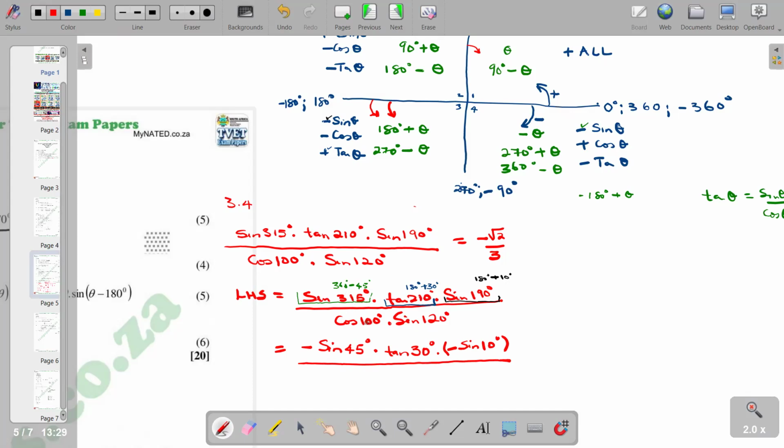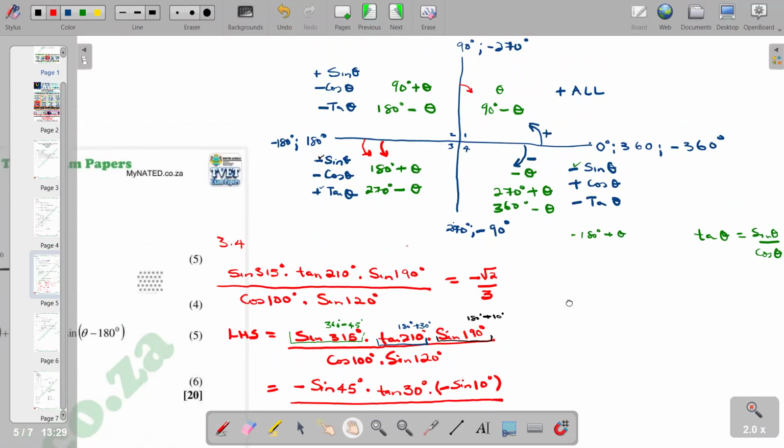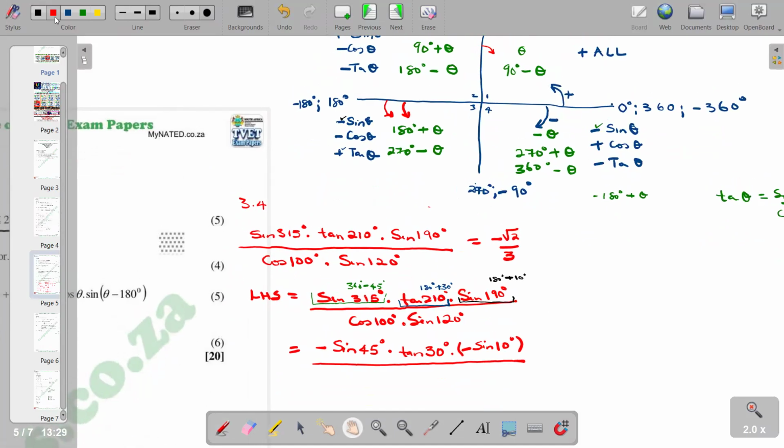Cos 100. 100 is in which quadrant? From our CAST diagram, 100 is between 90 and 180, which is the second quadrant. How do we write an angle in the second quadrant? We choose from those two, but always remember you link. How do we write the 100 degrees?